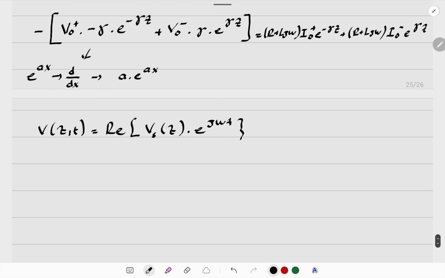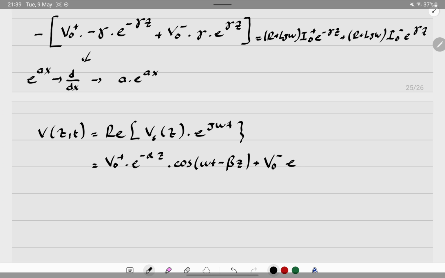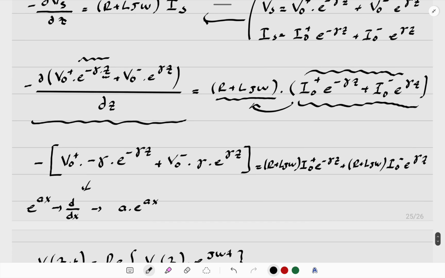If you use it, you see that this particular approach is like this: cosine of omega t minus beta z plus V0 minus e to the z times cosine of omega t plus beta z. Great. So it is where we end up our equations, actually. So let's remember what we have done.